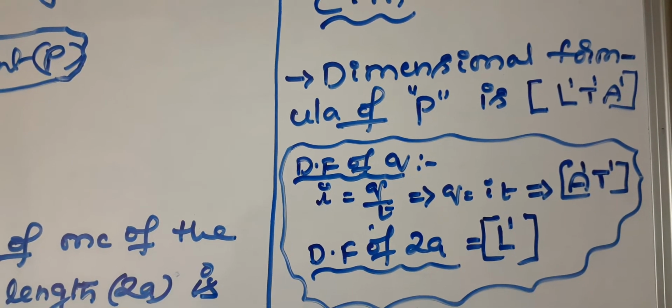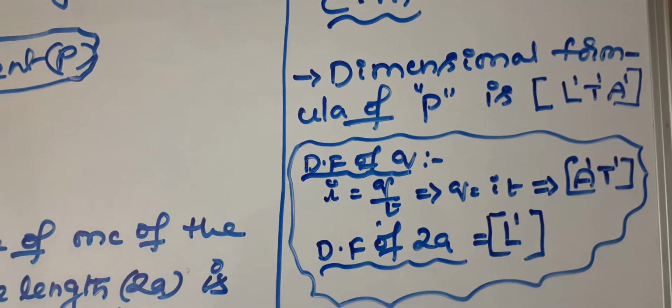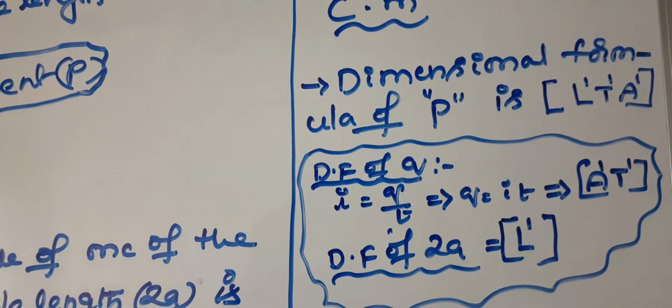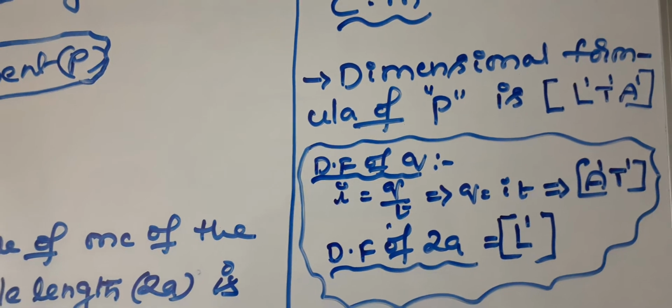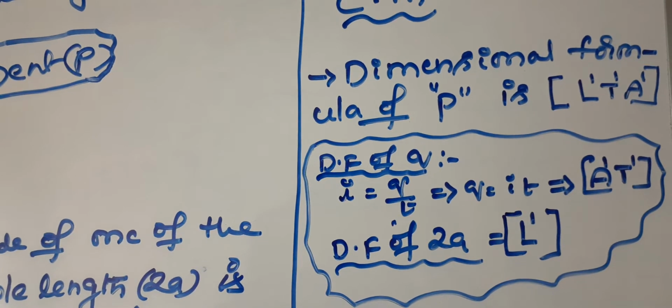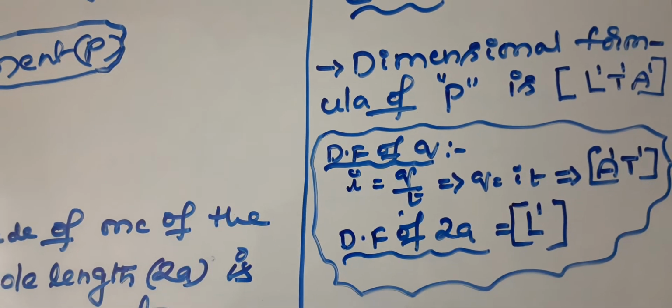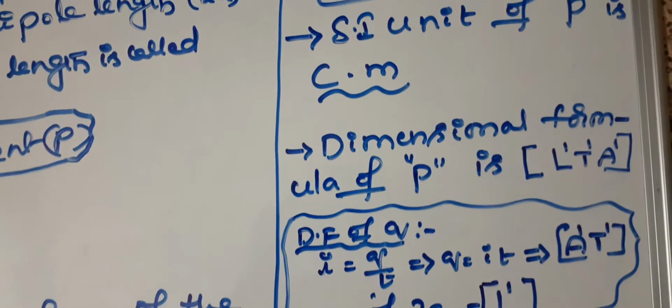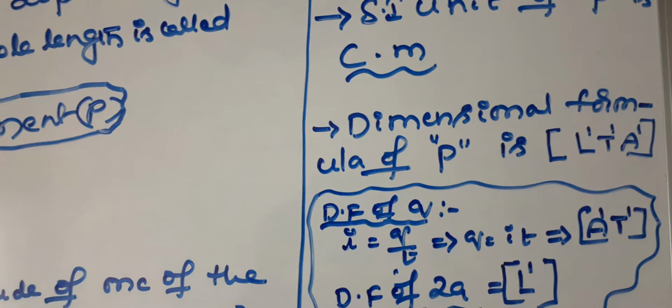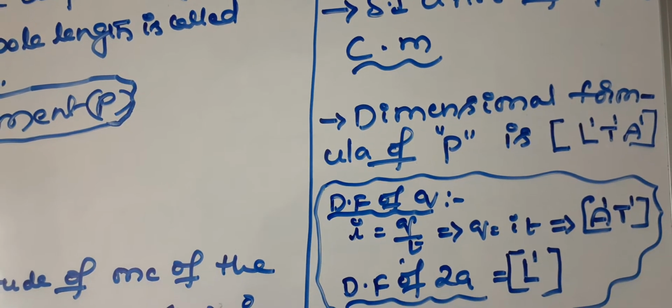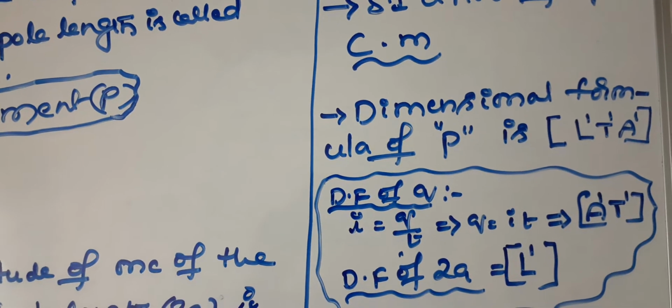The dimension of I is A and the dimension of time is T, so charge is A power 1, T power 1. The dimension of 2a, which is length, is L power 1. Combining these two, the dimensional formula of electric dipole moment is L power 1, T power 1, A power 1.